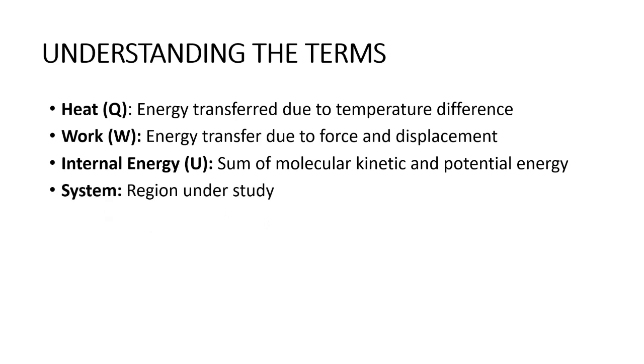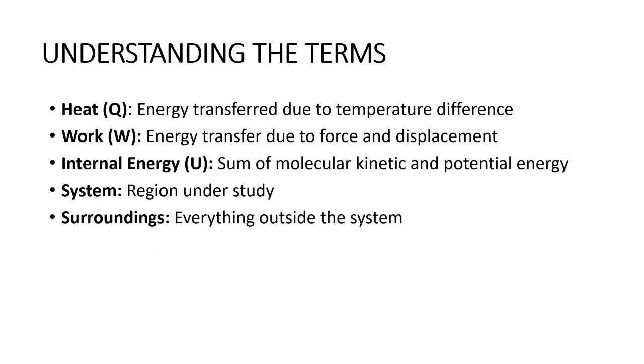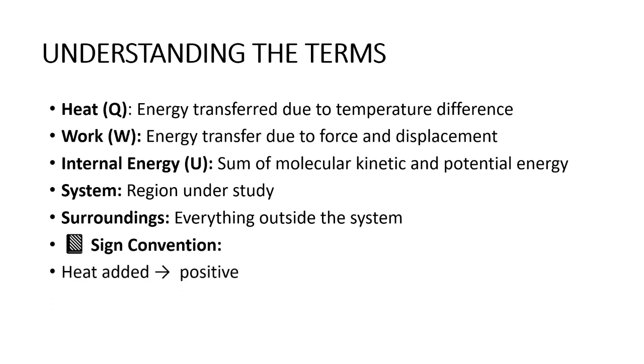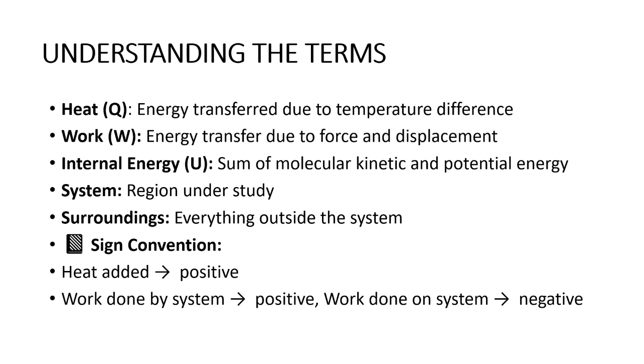The system is the region we consider for study, the surroundings are everything outside the system, and the boundary separates system and surroundings. Sign convention: heat added to the system is positive, heat rejected by the system is negative, work done by the system is positive, and work done on the system is negative.